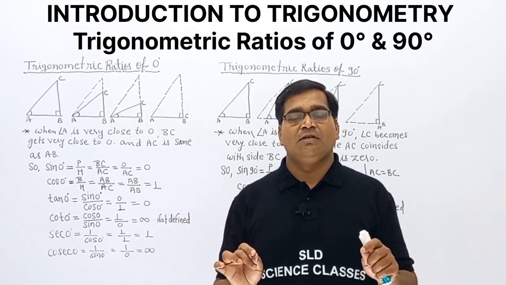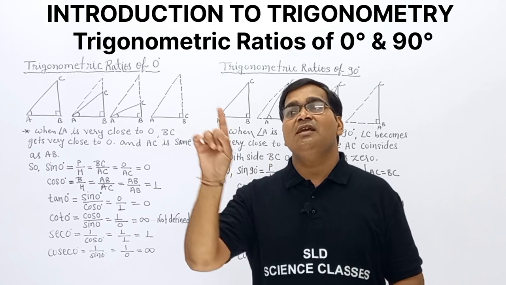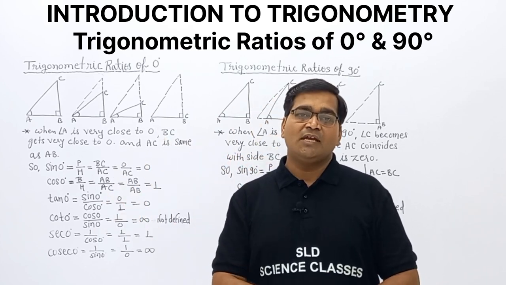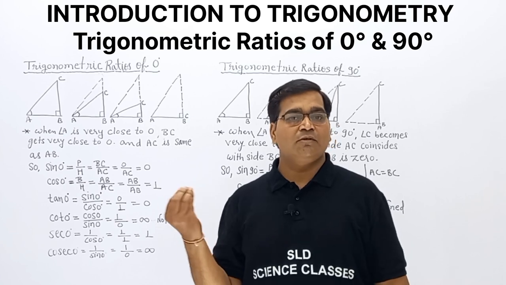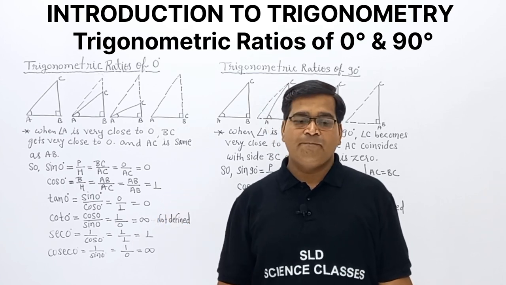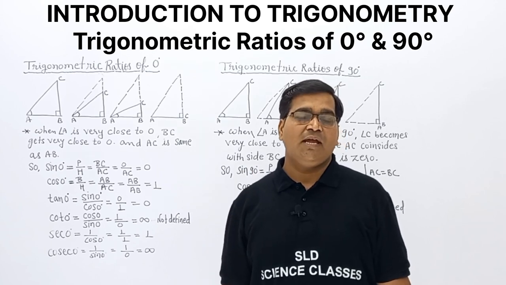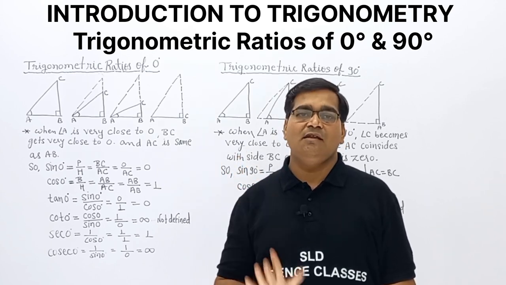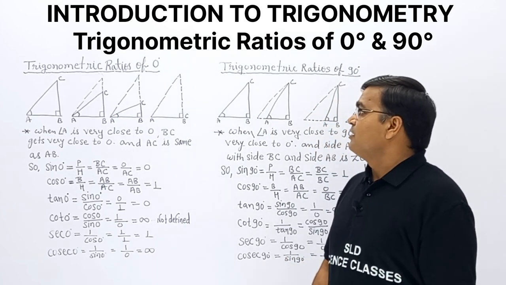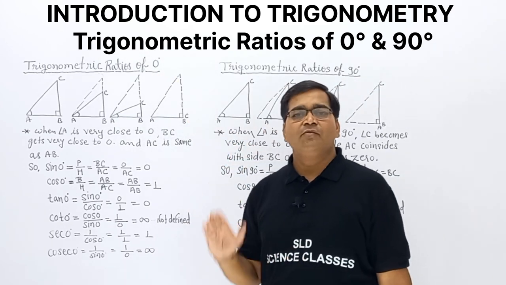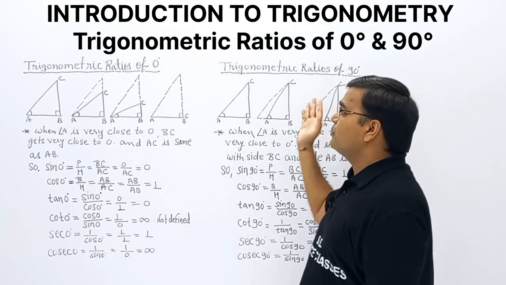We want the values of these ratios at 0 degree and 90 degrees. So in this class we will study these and their values at 0 degree and 90 degrees. First I am taking trigonometric ratios of 0 degree, then we will discuss 90 degrees.